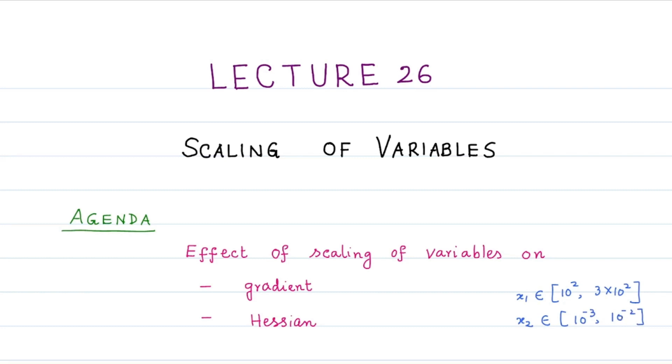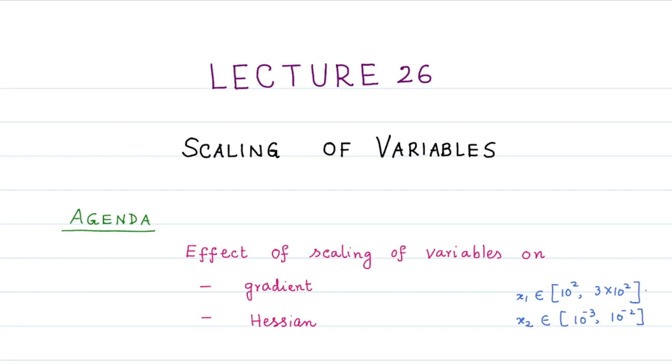For example, consider determining the maximum speed of an aircraft or a jet engine, and take the variable x1 as the displacement, measured in meters. So x1 lies between 10^2 and 3 times 10^2 meters, and say the variable x2 represents the time in seconds, lying between 10^-3 and 10^-2 seconds.